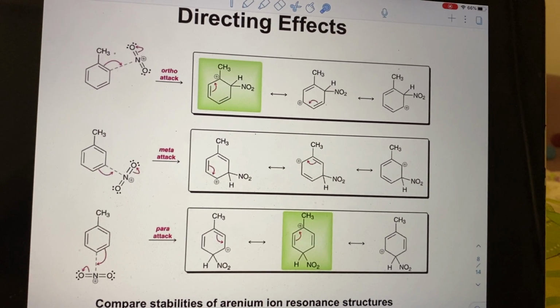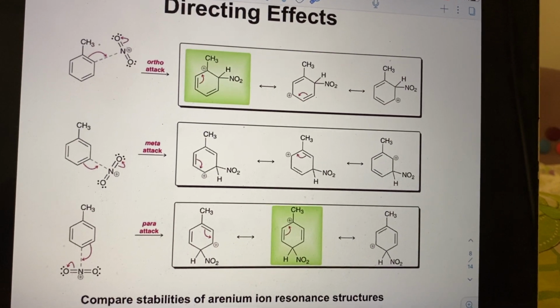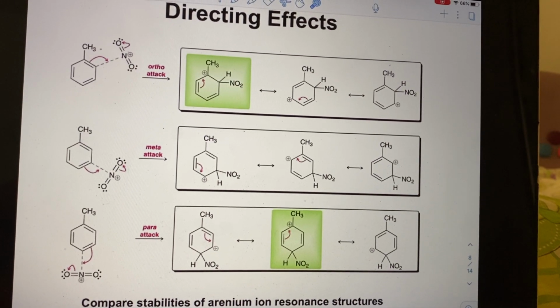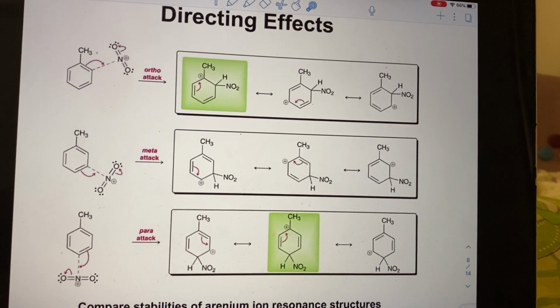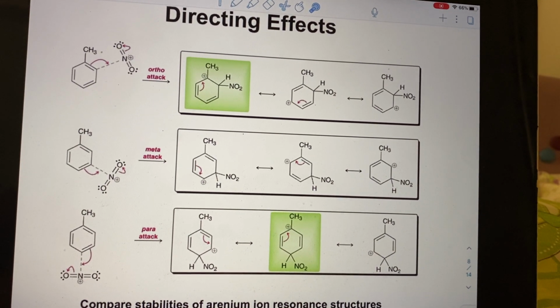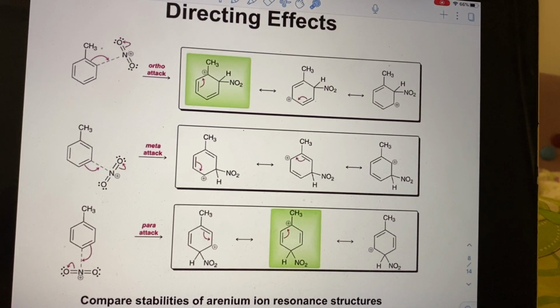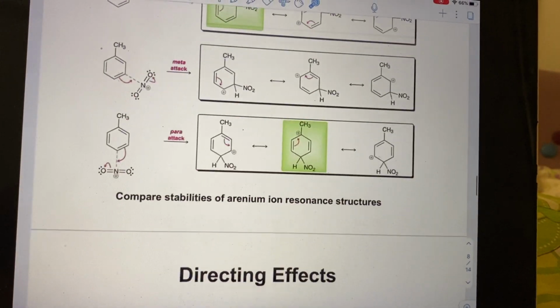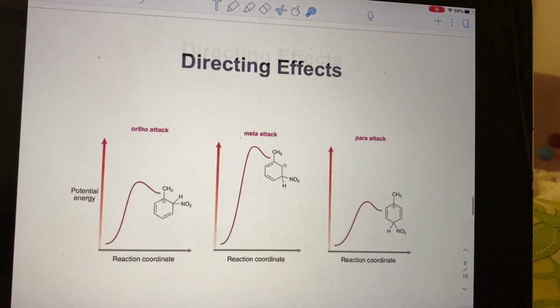Okay, so I know also a lot of information, but it comes really down to carbocation stability. Why don't we look at one of the other ones that's on the slide here, and then we'll compare some other effects.